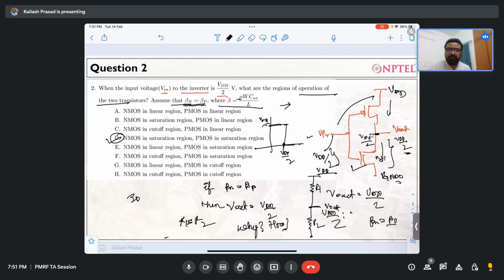The current capability of both the transistors should be the same. We will see what happens if the current capability of both the transistors is not the same. I'm just noting down this point, but in coming lectures, and I think in this lecture also, we will go through some of the concepts behind that. So yeah, this is the second question we have discussed. Should we move ahead to the third question?